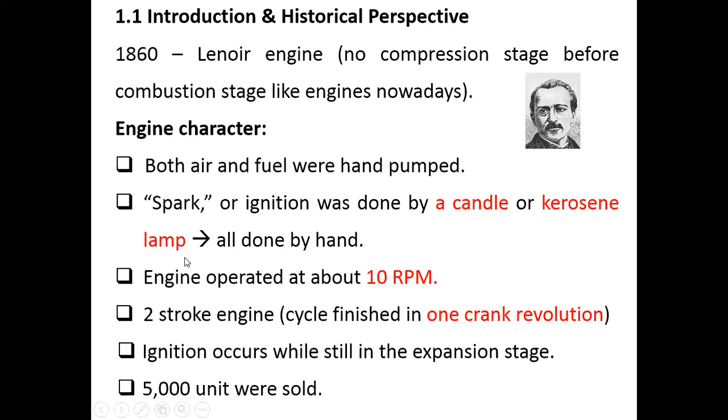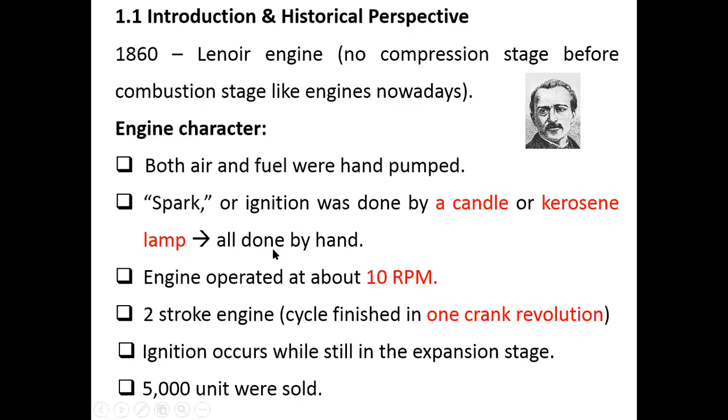And it's even more amazing, all of these are done by hand. So you can imagine how dangerous it is to run this engine. It means you have to hold the candle in your hand and then insert the candle into the cylinder of the engine every time you need the combustion to happen.